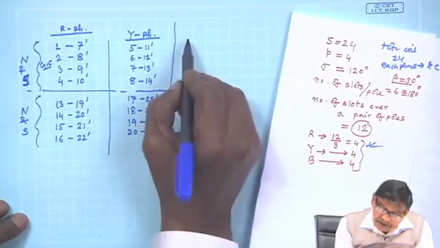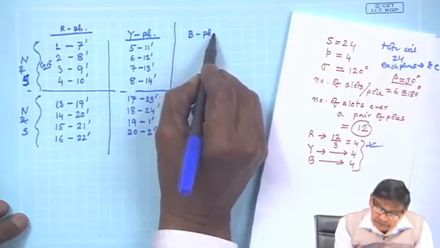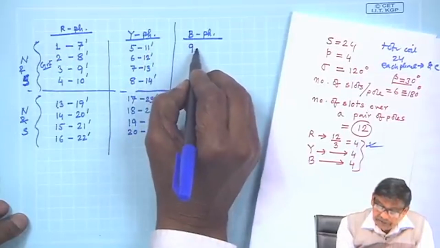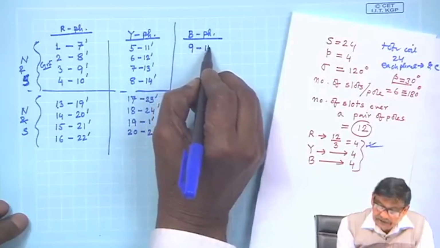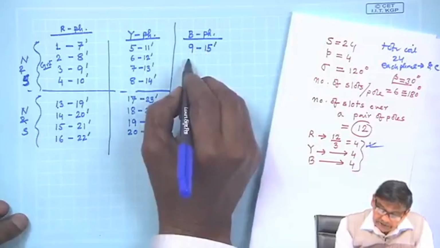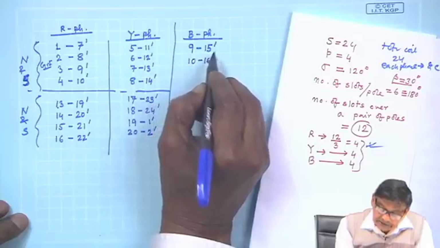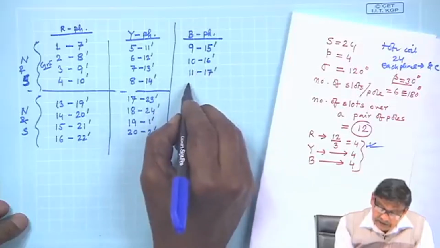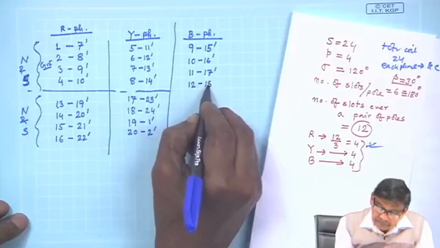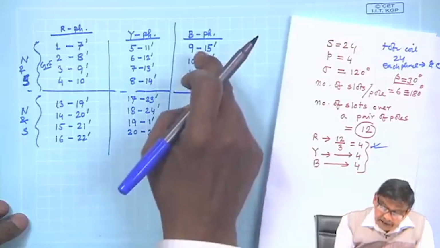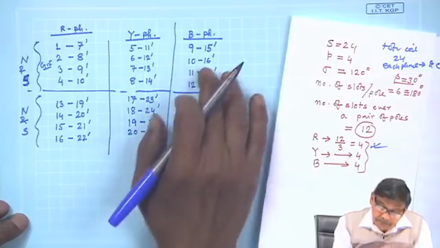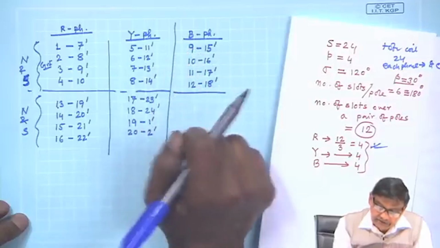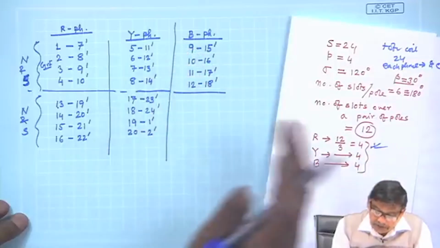And then B phase, 5 plus 4, 9, 120 degrees apart, 9, 16, you add 6, 15 dashed, 10, 16 dashed, 11, 17 dashed, and 12, 18 dashed. Then the next group of B phase will start by adding 12 to 9, 6 poles after 2 poles apart.